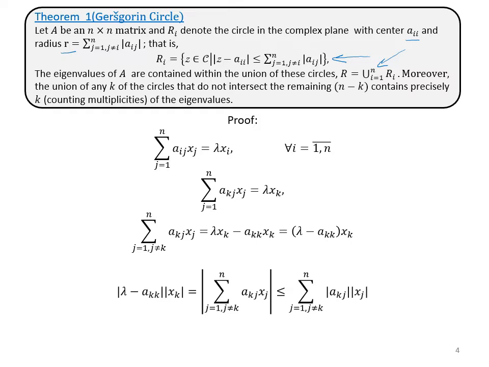In our case, just to clarify, the union of the circles is the region where all our eigenvalues are contained. I am not going to prove the entire theorem. I will show you how to prove only the first part.